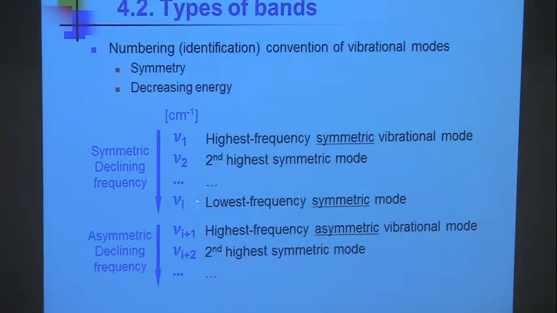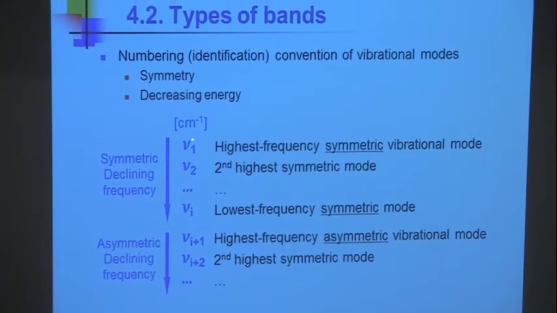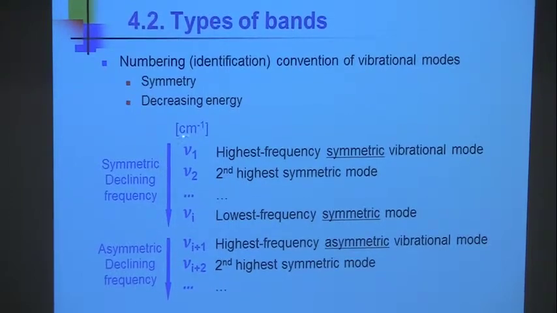So then we go to the highest frequency asymmetric. So depending upon how large N is, and whether we're using 3N minus 5 or 3N minus 6, there will be some number of entries here, starting with the highest symmetric, progressing downward, then into the highest asymmetric, and so on. This looks kind of complicated. Typically, this is not a very long list. But that's the nomenclature that's used to denote which mode we are talking about. Are we talking about the Nu1 mode or the Nu2 mode? And that's how it's done.